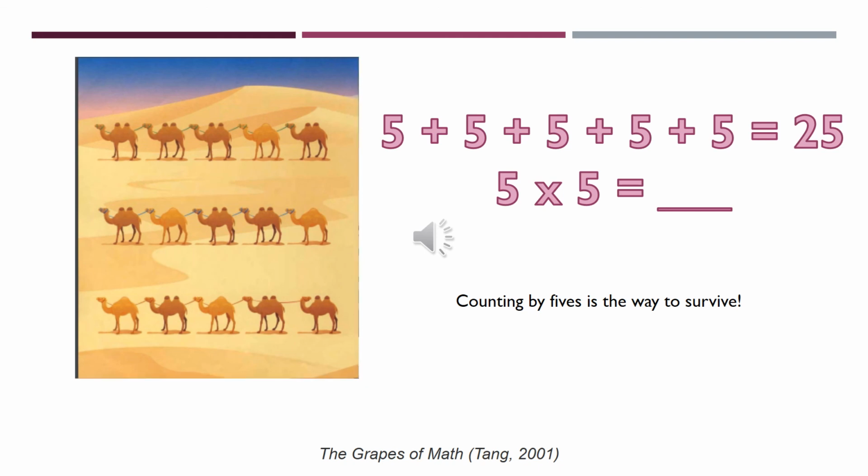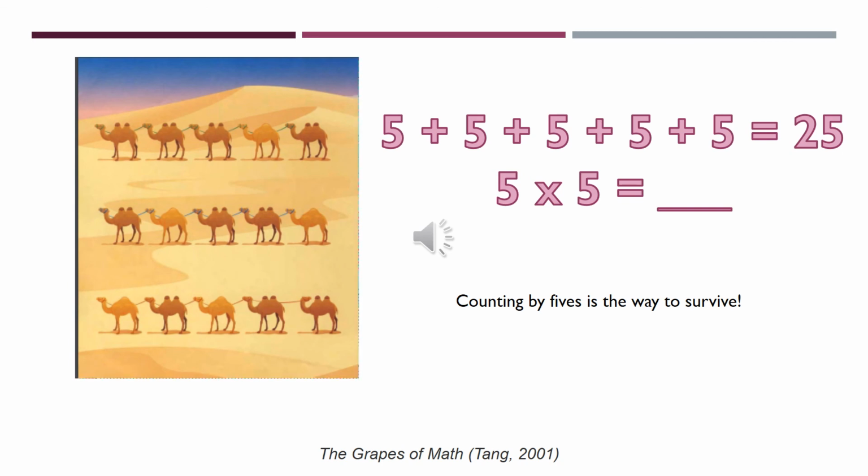We would say 5 groups times 5 in each group equals, count by 5s if you need to, 5, 10, 15, 20, 25. Nice multiplication sentence.